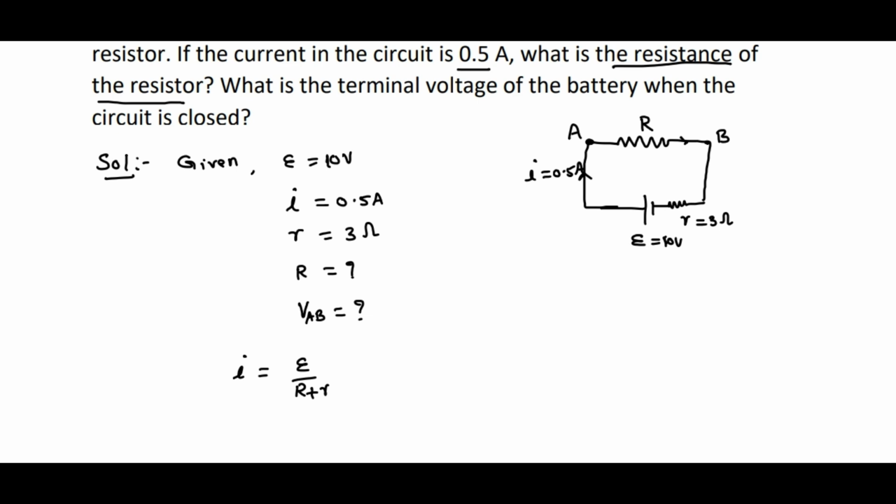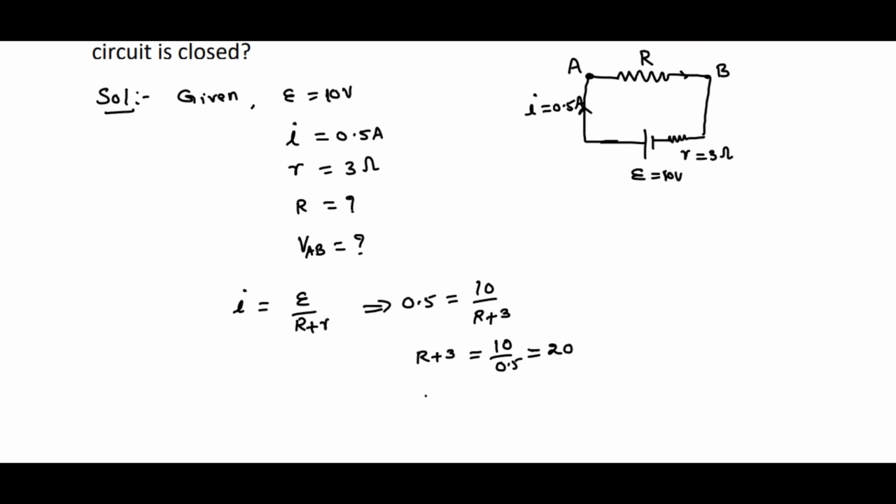So 0.5 is equal to 10 divided by R plus 3. From this, R plus 3 is equal to 10 by 0.5, that is equal to 20. From this, R is equal to 17 ohm. So this is the external resistance connected.